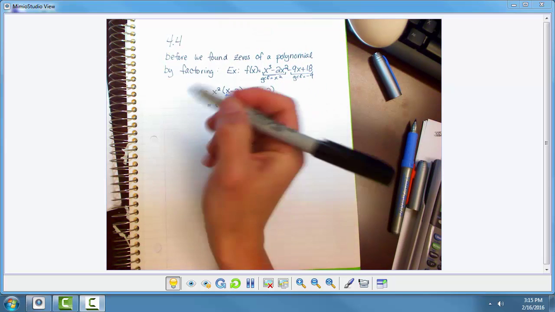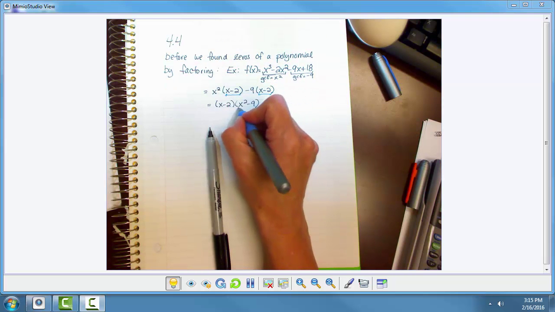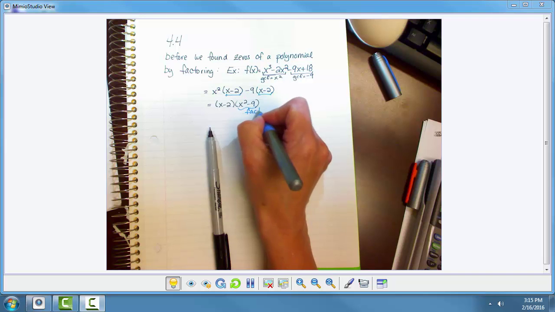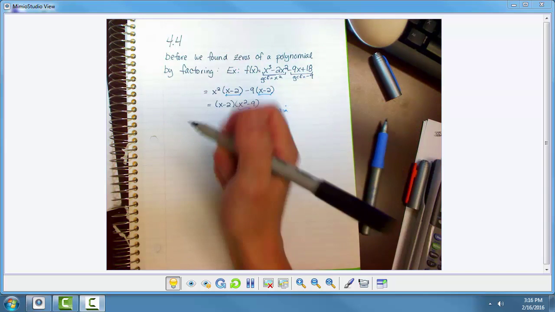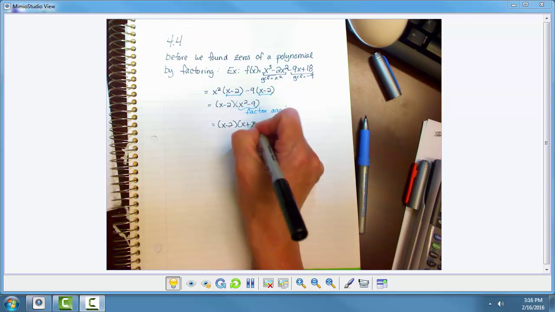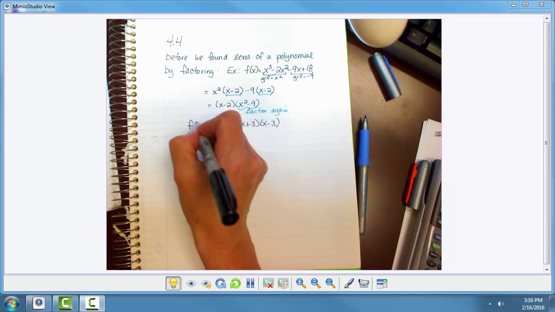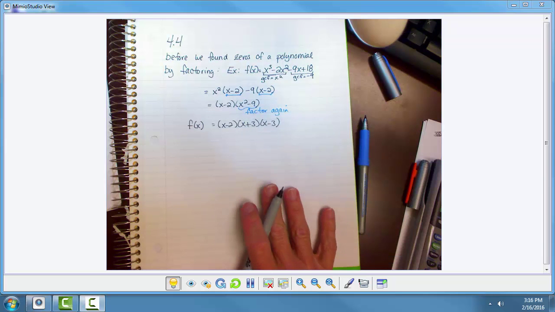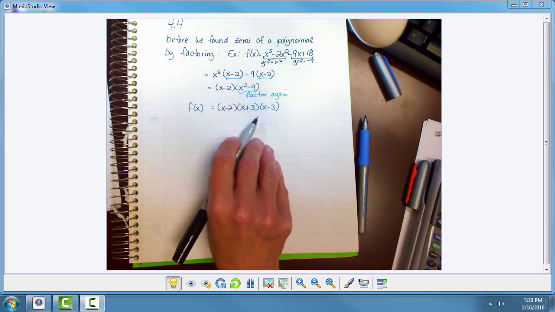Notice this polynomial is not completely factored, because x squared minus 9 will factor again. Since it is a difference of squares, it will factor as x plus 3 times x minus 3. So we have factored that polynomial function to be x minus 2, x plus 3, and x minus 3.